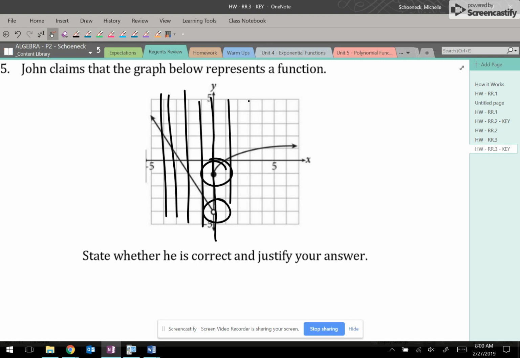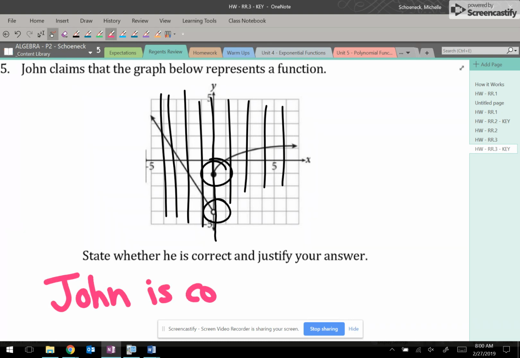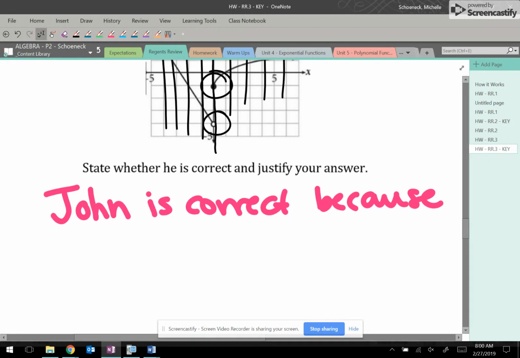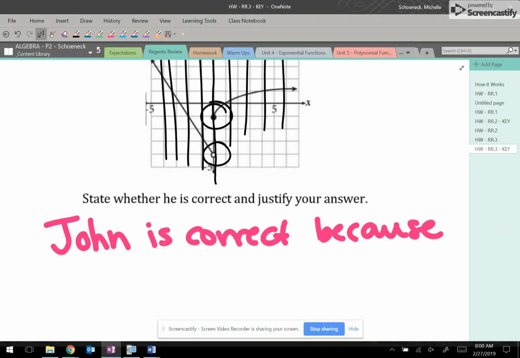So that still passes the vertical line test. So whether John is correct, well, he said it's a function, so he is correct. Remember, you have to state whether he's correct. So John is correct because the graph passes the vertical line test.